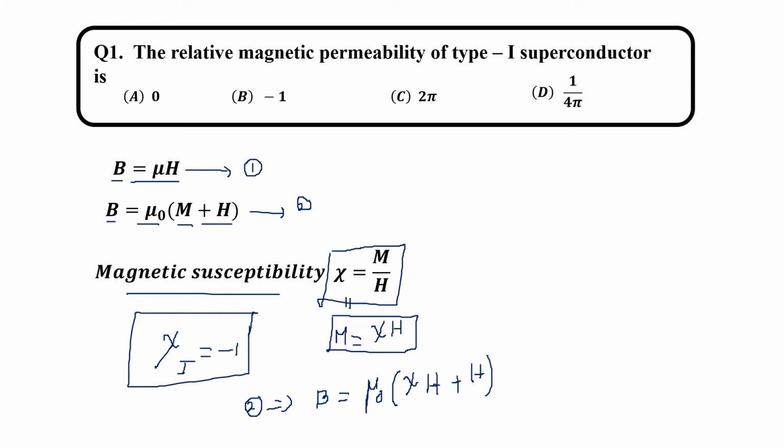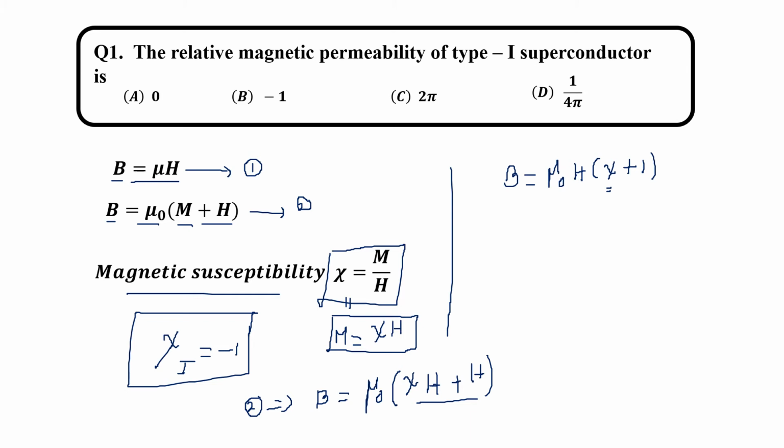Now we can extract the common H from this equation. So the magnetic field B equals mu naught times H, taking it commonly out, into chi plus 1. Chi here is the susceptibility of the medium, for the type 1 superconductor we are discussing.